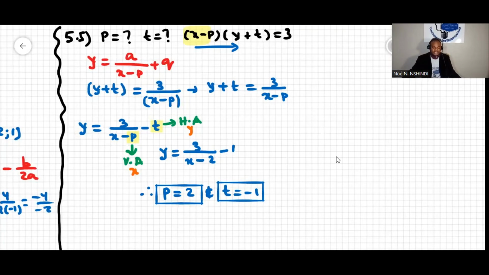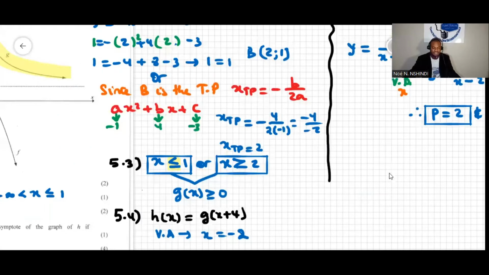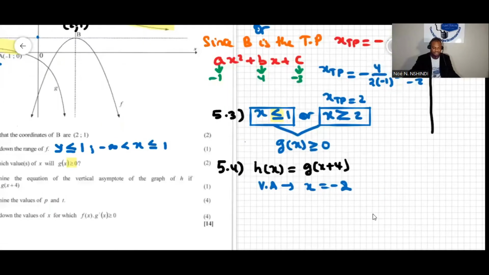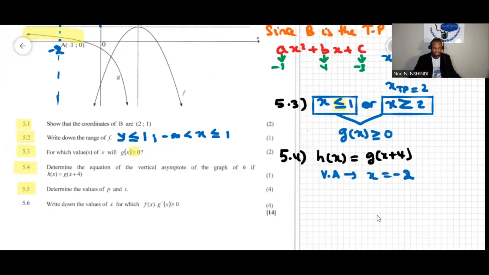Then let's see now. The next question is, which question is that? Now we're doing question 5.6. The question says, write down the values of x for which f of x times g prime of x is greater than or equal to 0. Well, this is interesting.